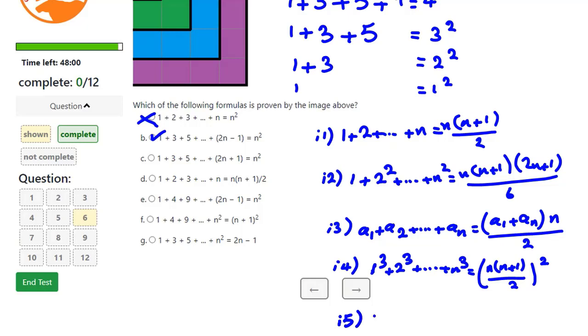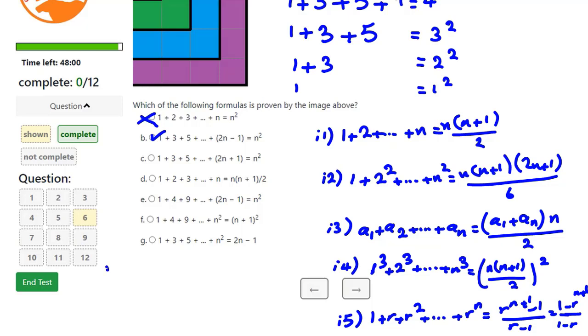Idea 5 is 1 plus r plus r squared up to r to the n equals r to the n plus 1 minus 1 over r minus 1. Okay, so we have these 5 identities.